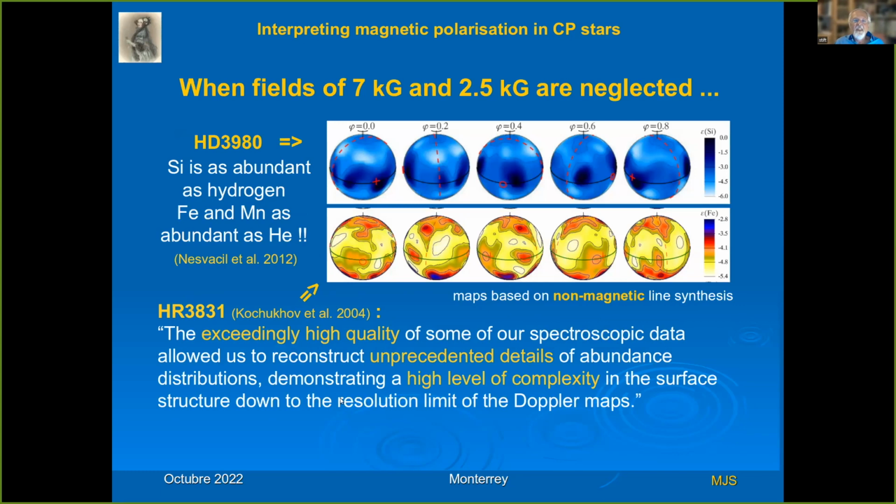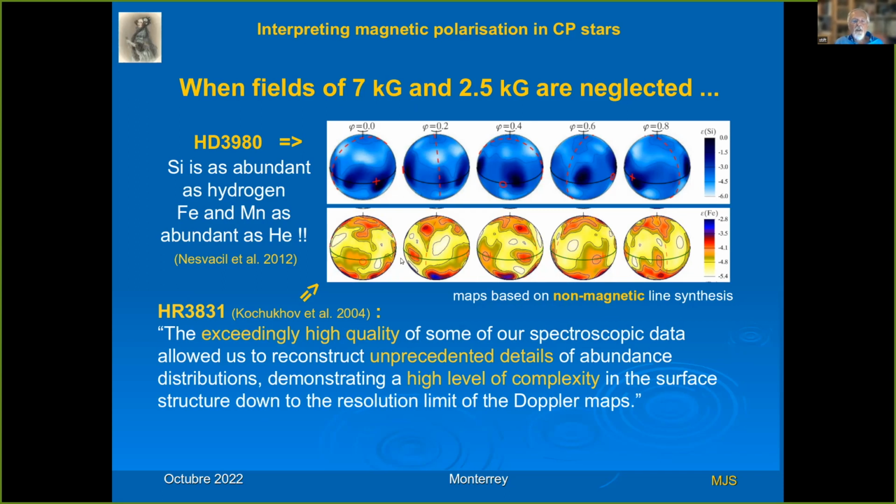And when you overlook and don't take into account fields of 7 kilogauss or 2.5 kilogauss, as in these cases, suddenly you find that silicon is as abundant as hydrogen, and iron and manganese as abundant as helium, all based on non-magnetic line synthesis.